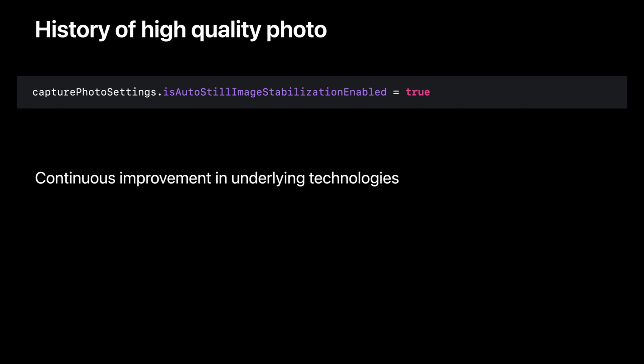But over the years, we have been continuously evolving our photo quality enhancing algorithms. In addition to still image stabilization, we now have a far richer set of techniques to draw from, such as a variety of multi-image fusion technologies, including Smart HDR and Deep Fusion. Consequently, the name Auto Still Image Stabilization Enabled has become quite obsolete as a proxy for high photo quality.